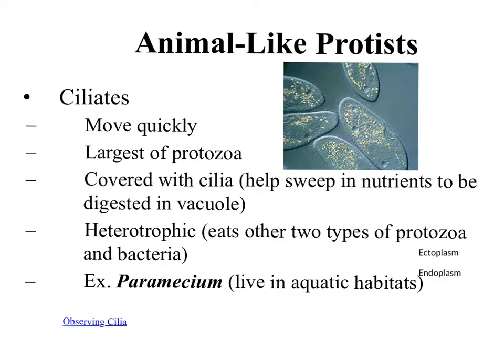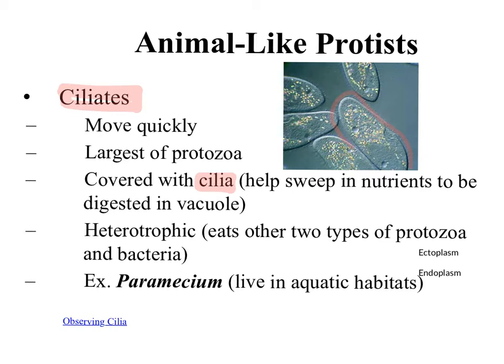Our next animal-like protist are ciliates. Ciliates are covered in cilia, and you can see them on this image right around the periphery of the cells. They line the cells and they beat kind of like oars in a boat.